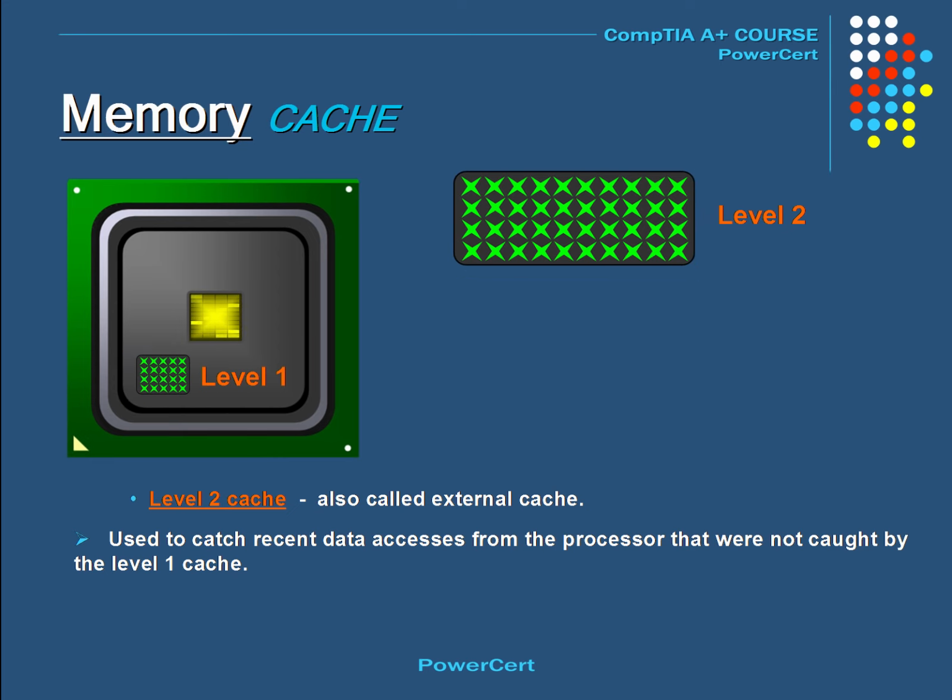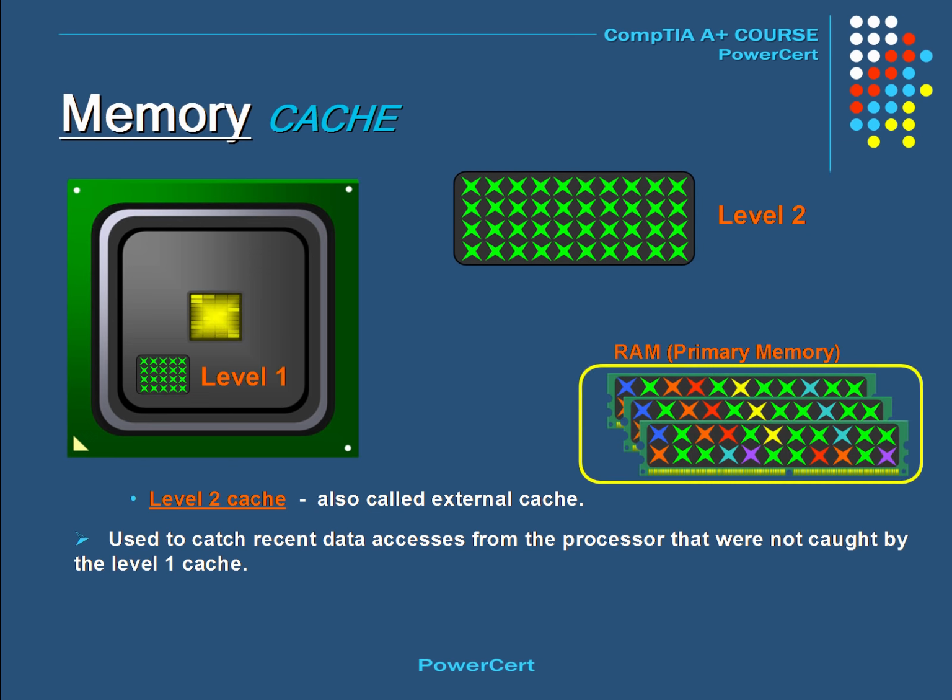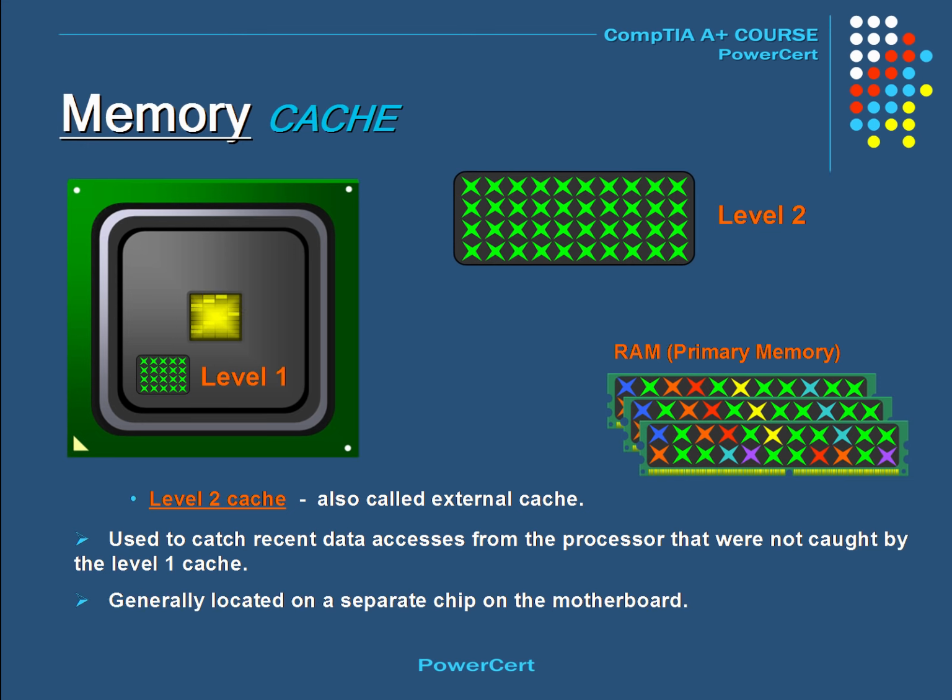And if level 2 doesn't have it, then it has to go back to the regular RAM to find the data it needs. Level 2 cache is generally located on a separate chip on the motherboard, or in modern CPUs, it would also be located on the processor. Level 2 cache is larger than level 1 cache, but it's not as fast as level 1 cache.